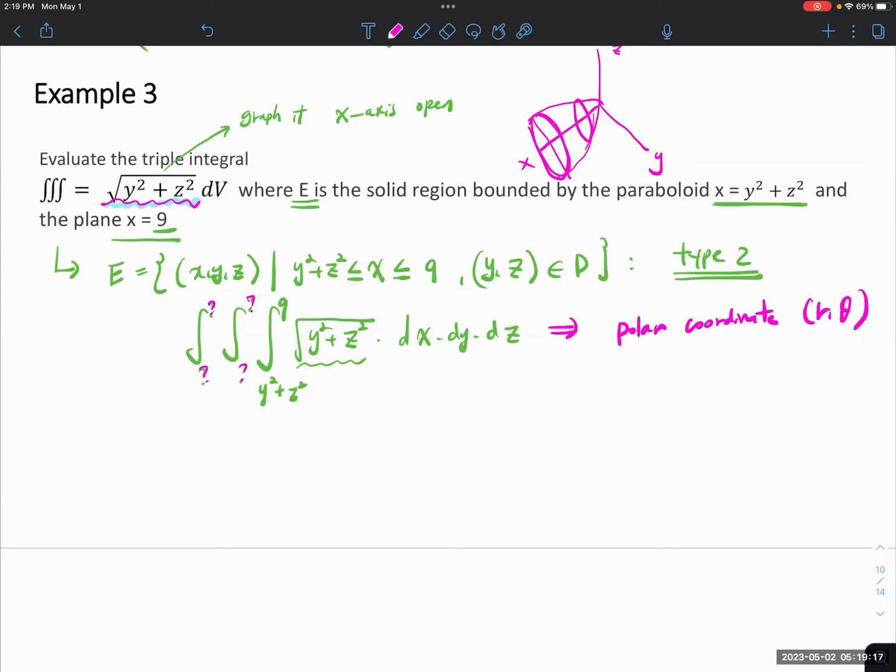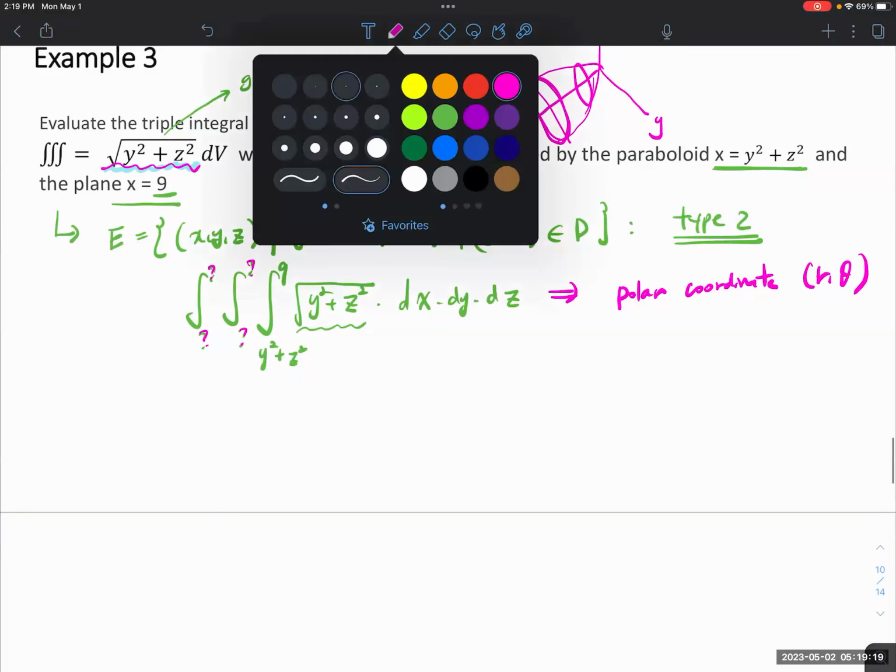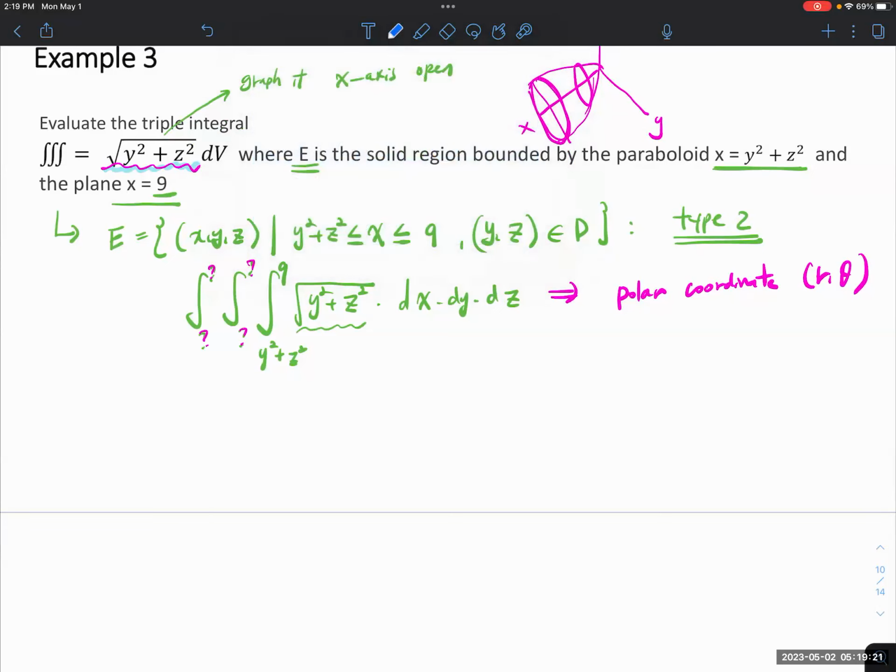Okay, so let's do that work. We're going to use simply r and theta. Because x is 9, you can find the radius of the circle. It's going to be 3, so r is going to be between 0 and 3.